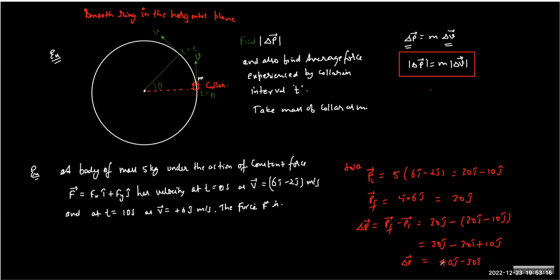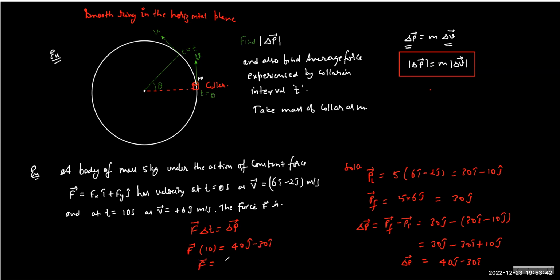So you got delta p. By definition, delta p is defined as force into time. Isn't it? So force vector into time is how much? Time is 10 seconds. And delta p is 40 j minus 30 i.